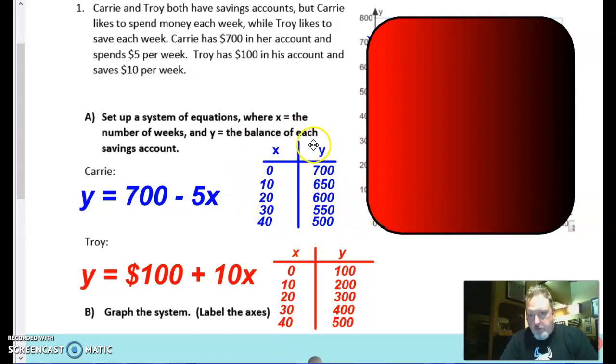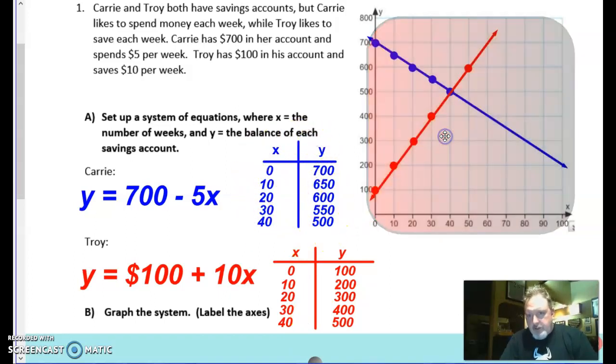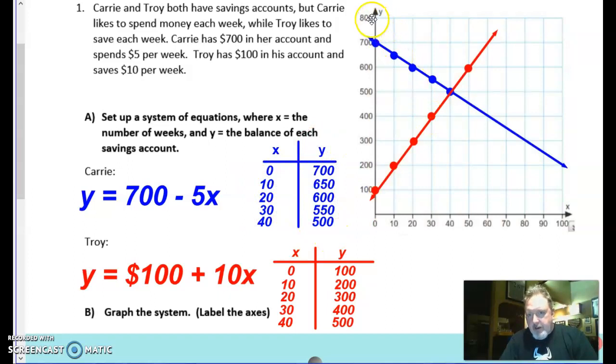So I'm going to graph all of these points. You can see right here that I have my Y scale going up by 100 and the X scale going by tens. At week 0, Carrie was at 700. At 10 weeks, 650, 20 weeks, 600, and so on. You can see that it's going to keep dropping.